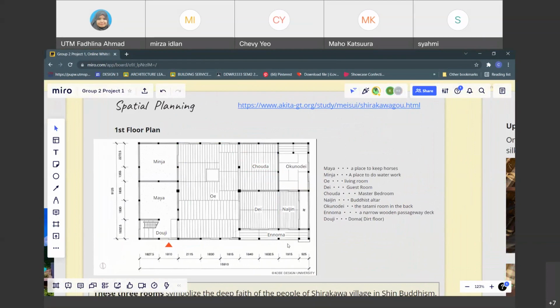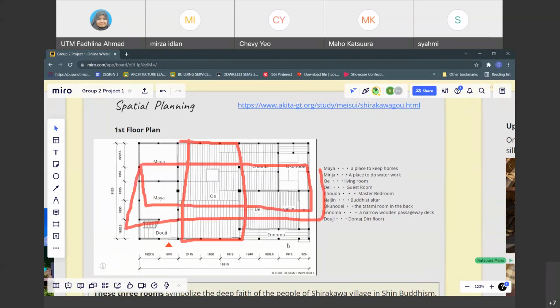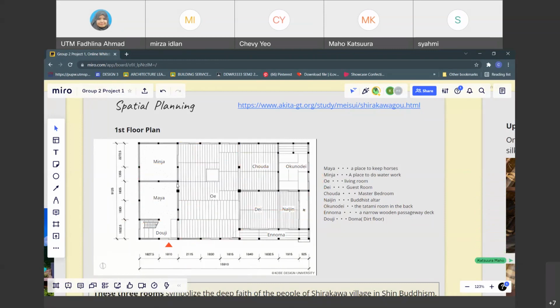Or is it over here? Or is it over there? The second floor covers the first floor, the whole first floor. The whole first floor, but it is smaller, right? Because of the roofing.